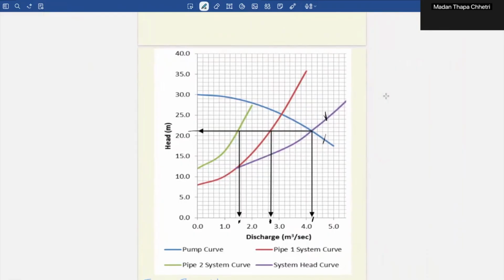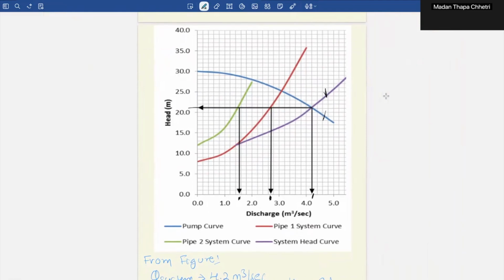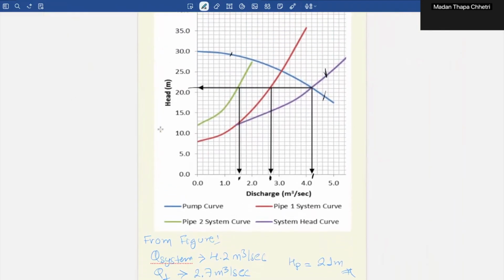To make it visually appealing, I have here the curves showing the system head curve, pump curve, pipe 1 system curve, and pipe 2 system curve. This green line indicates the pipe 2 system curve. This blue indicates the pump curve, whereas this purple indicates the system head curve. From the figure and from this operating point, we can compute the value of the flow rate.